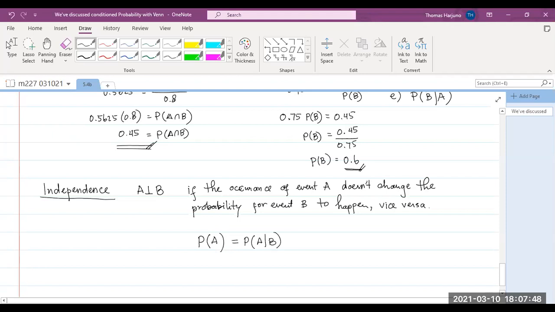So the probability of A to happen without knowing what happened to event B is the same as the probability of A knowing B happened. Likewise, the probability of B to happen does not change even if you know A happened or not. To write it more completely, probability of A is equal to probability of A knowing B happens, which is the same as probability of A knowing B doesn't happen.